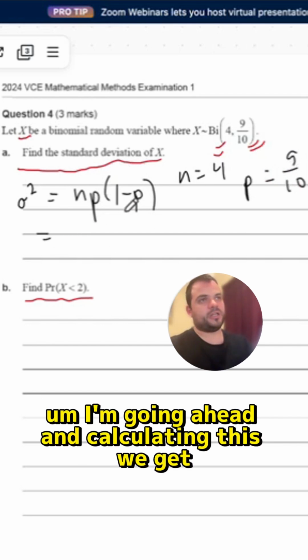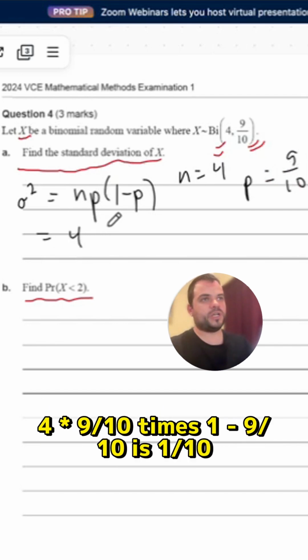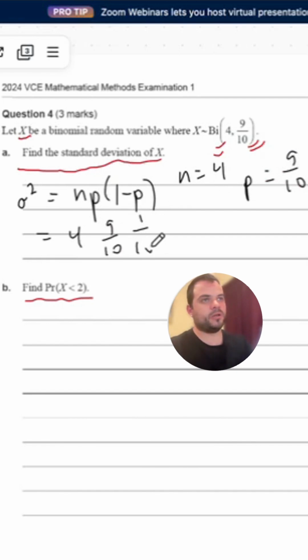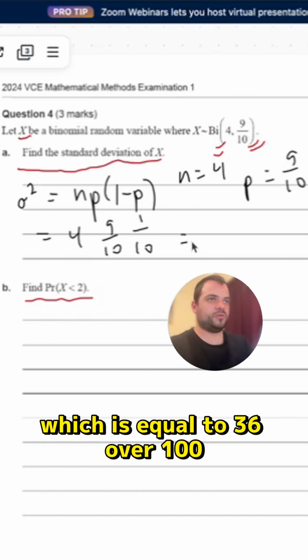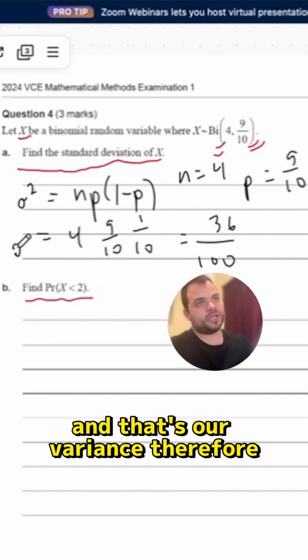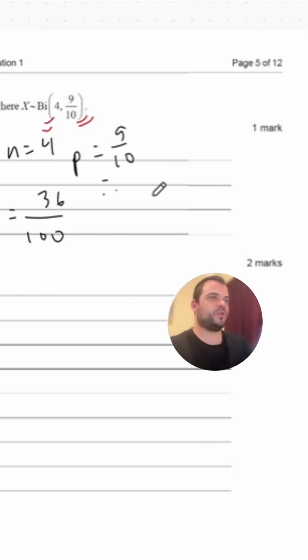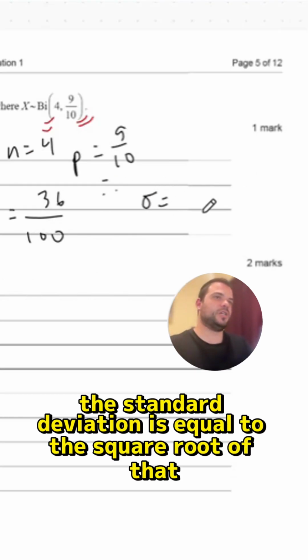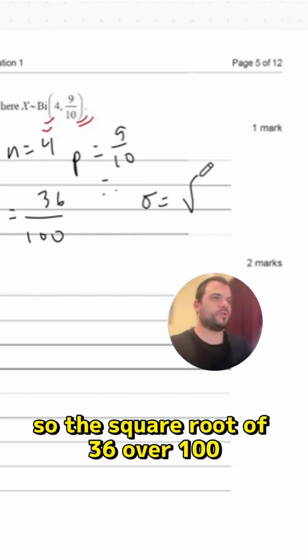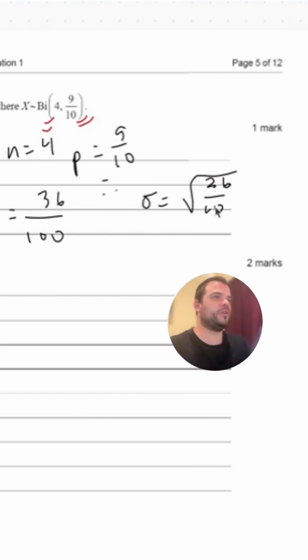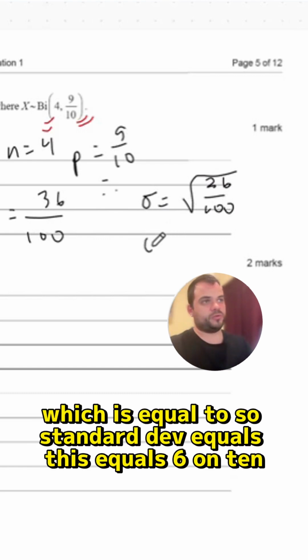Going ahead and calculating this, we get 4 times 9/10 times 1 minus 9/10 is 1/10, which is equal to 36 over 100, and that's our variance. Therefore, the standard deviation is equal to the square root of 36 over 100, which equals 6 on 10.